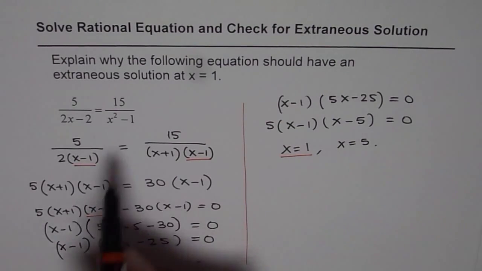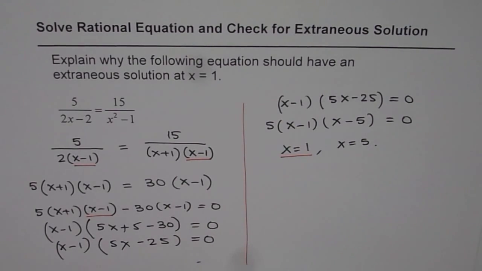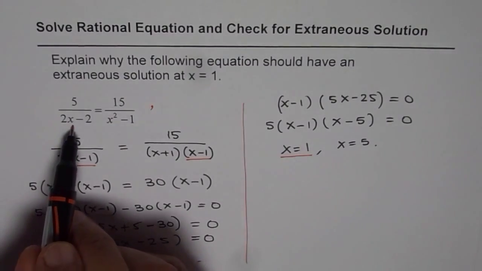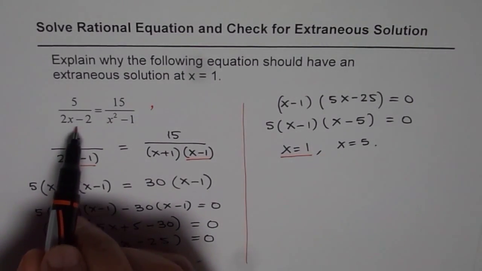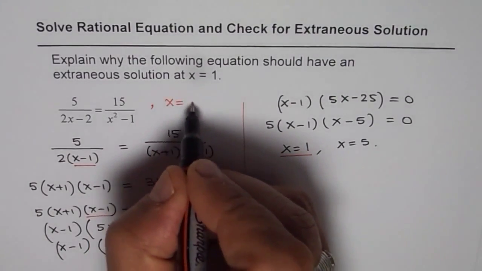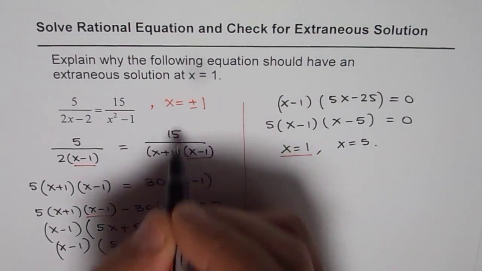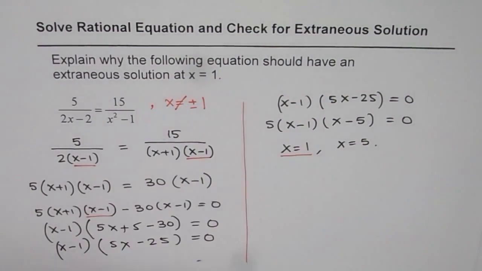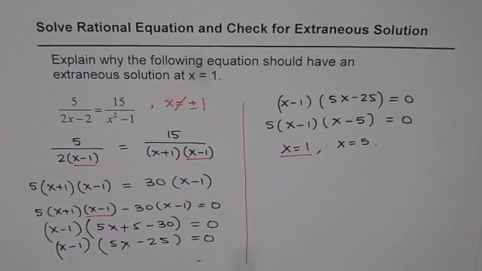Therefore, in such questions, the first thing you should do is write restrictions. What will make the denominator 0? For this rational equation, x equals plus or minus 1 will make the denominator 0. And therefore, we should write the restriction as x is not equal to plus and minus 1.